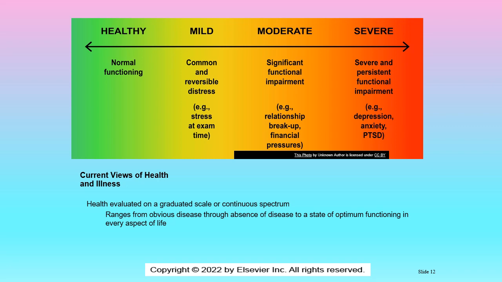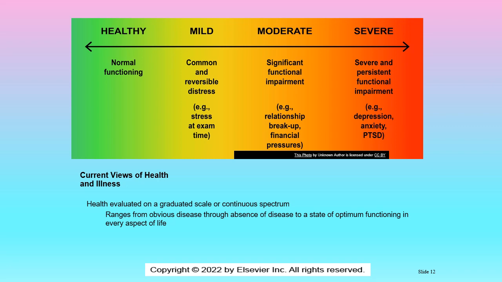This is something that's fixable. Then there's moderate, a significant functional impairment. This could be a significant relationship breakup, or maybe a death in the family of an immediate loved one. This is a moderate stressor and it may last for a while. Financial pressures can go on for quite a while, but they do kind of eat into your health a little bit. Then there is a severe impingement on your health here.